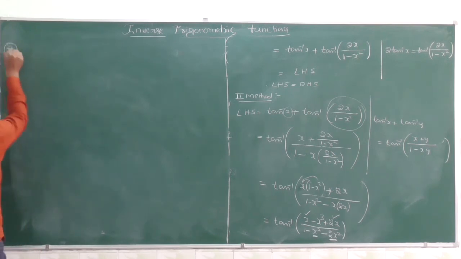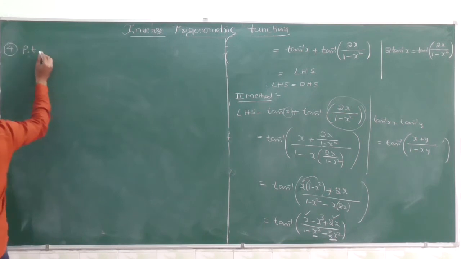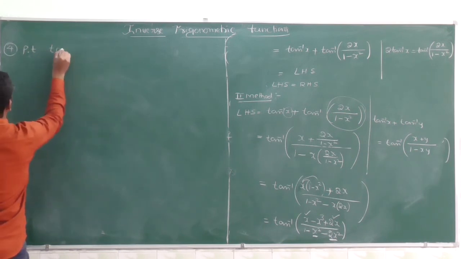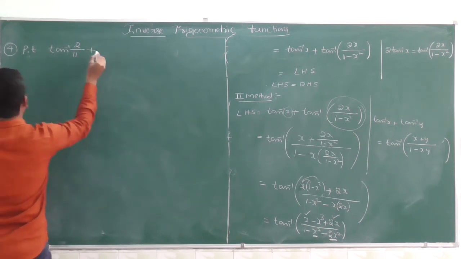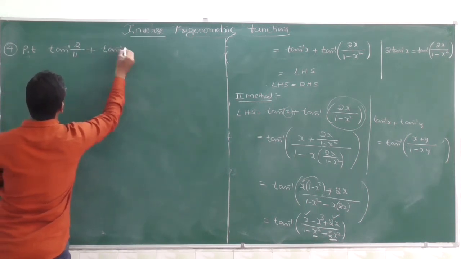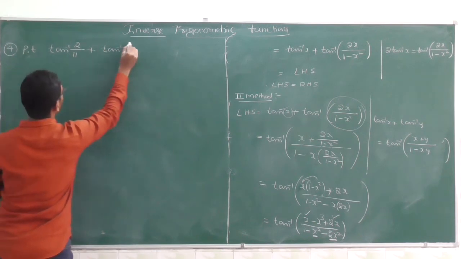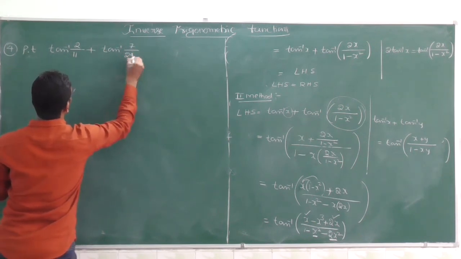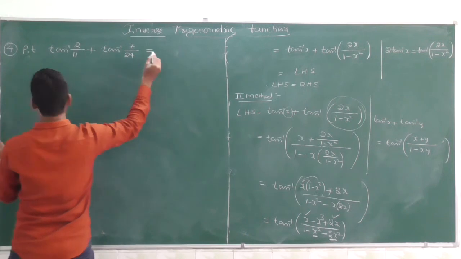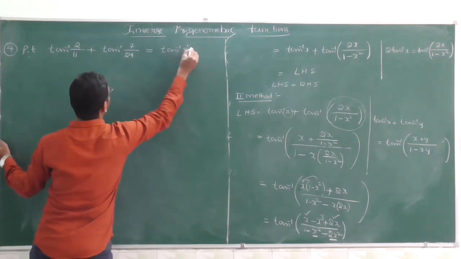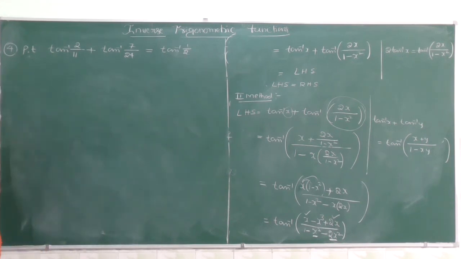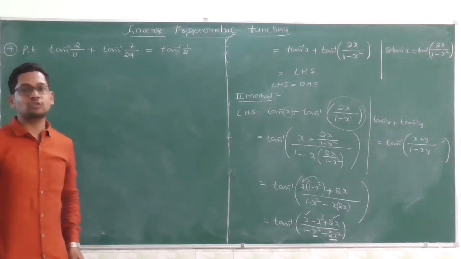Fourth one: prove that tan inverse of 2 by 11 plus tan inverse of 7 by 24 equals tan inverse of 1 by 2. So this is what we have to prove.